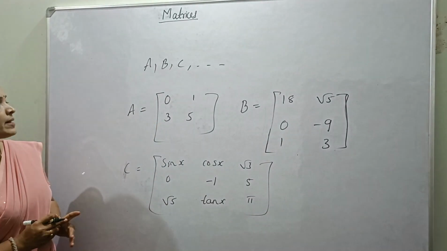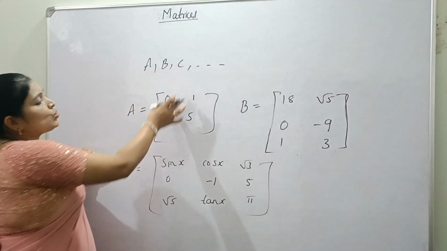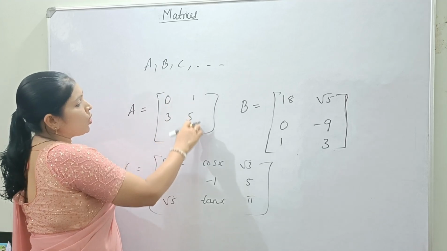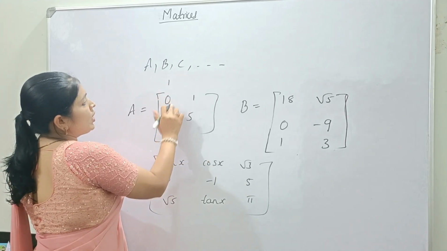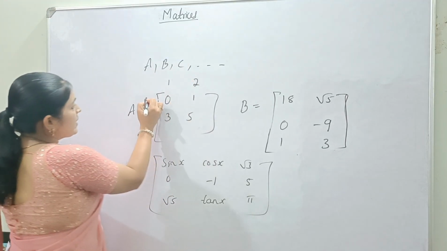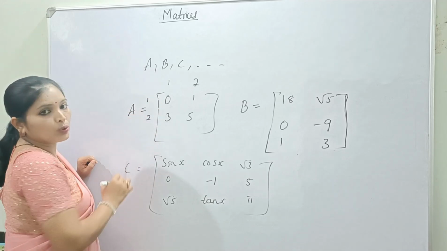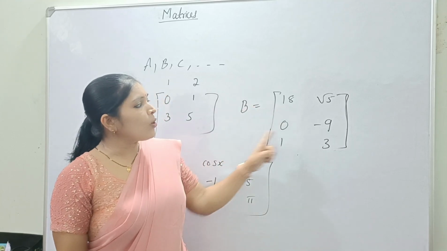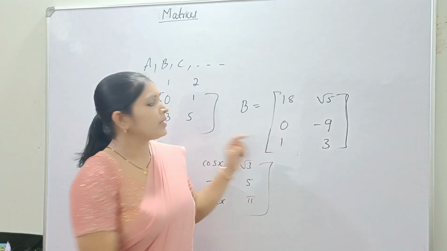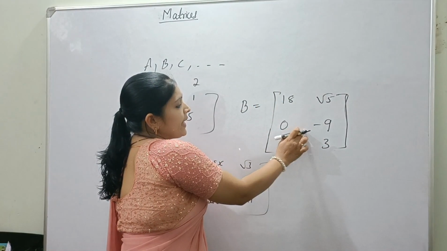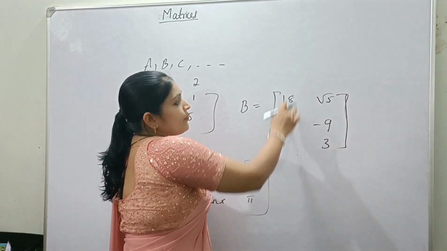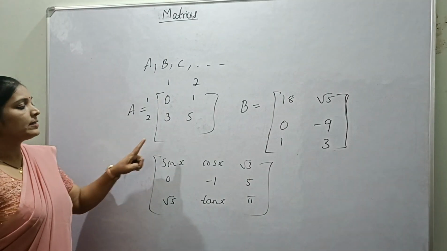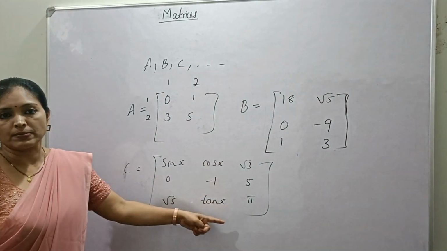The first matrix, matrix A, has 2 rows and 2 columns. Matrix B has 3 rows and 2 columns: first row, second row, third row, first column, second column. And matrix C has 3 rows and 3 columns.